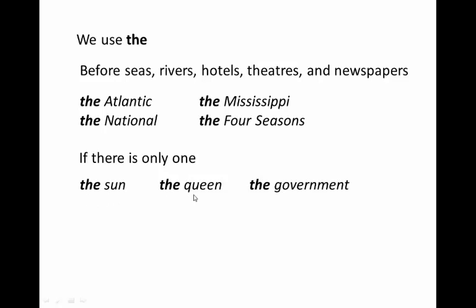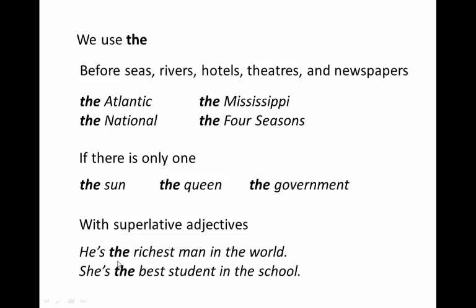The sun, the queen, the government. We use the with superlative adjectives. So he's the richest man in the world. She's the best student in the school. Richest, best, superlative adjectives.